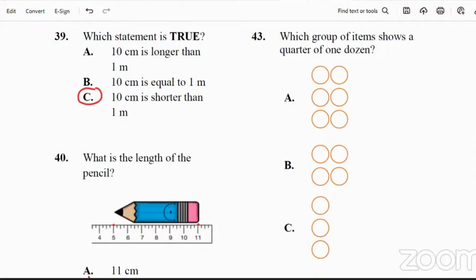All right, so 1 dozen is 12, and a quarter of 1 dozen, if we do our calculations, would be 3. So a quarter of a dozen is 3. So which of these groups of items shows a quarter of a dozen? The answer is C, 3.